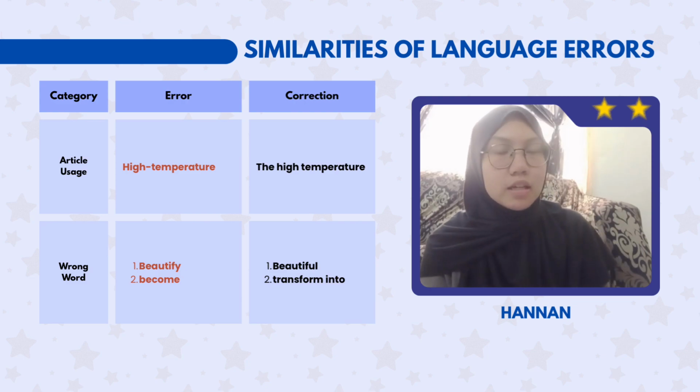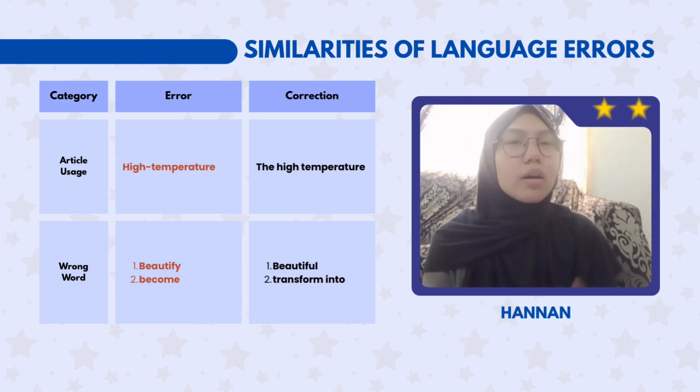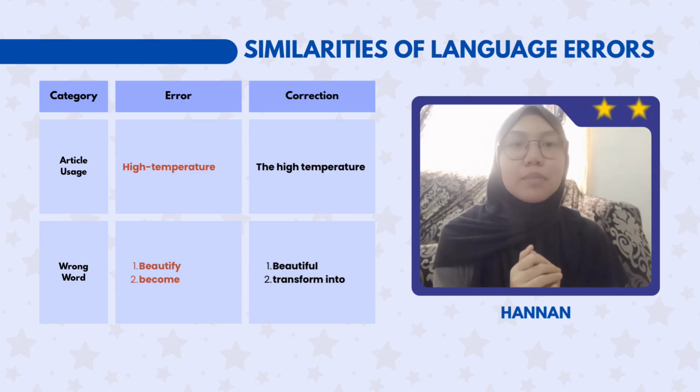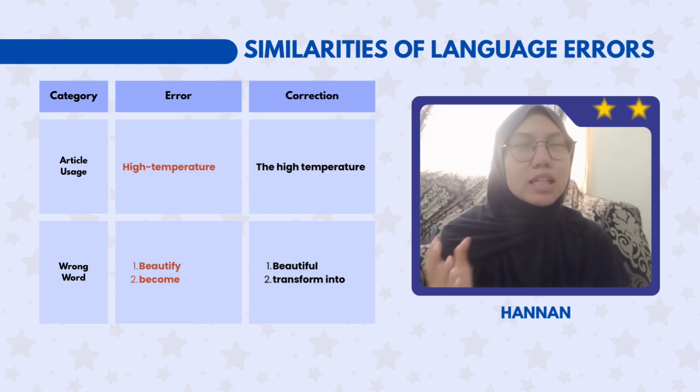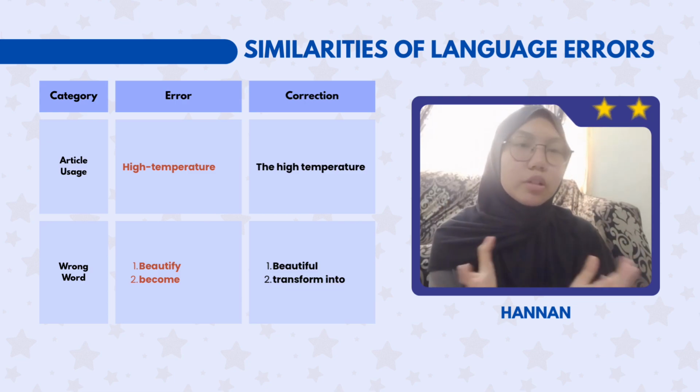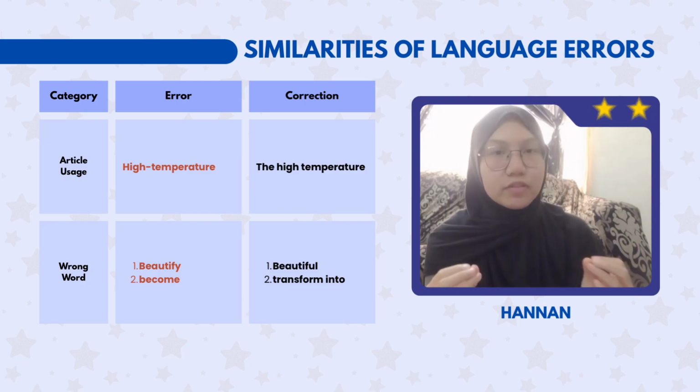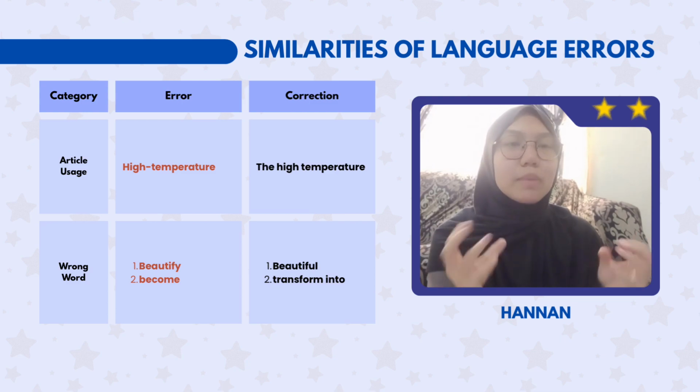Last but not least, for wrong word choice, the word "beautify" is corrected to "beautiful". This is because beautify is a verb, while beautiful is the correct adjective needed in order to describe something.